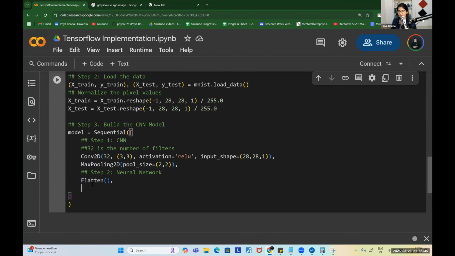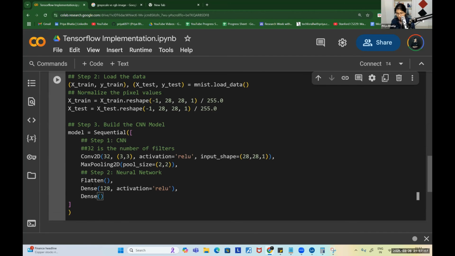Input shape is ready with us in the neural network. To create a dense layer, hidden layer, Dense, number of neurons, let's say 128. Activation function, here also we can use ReLU. What's next?